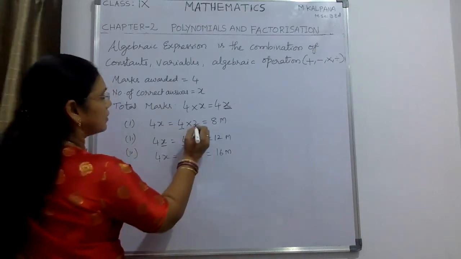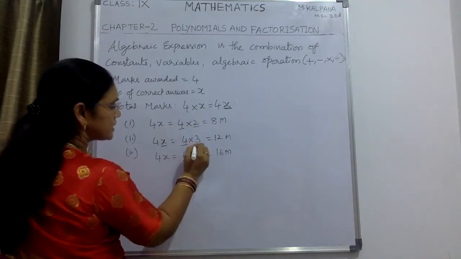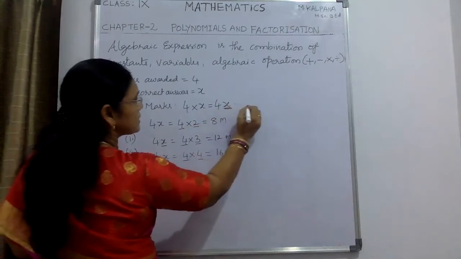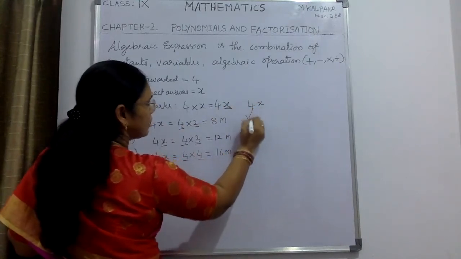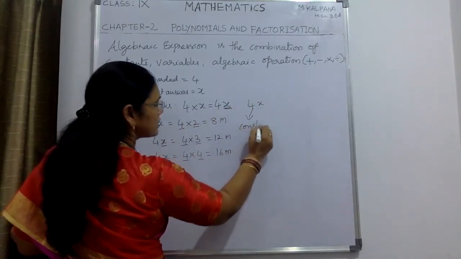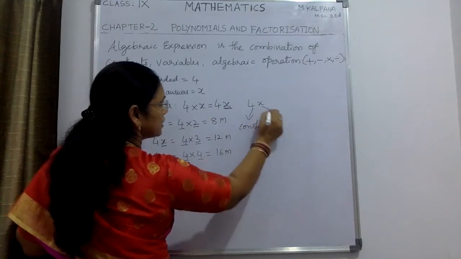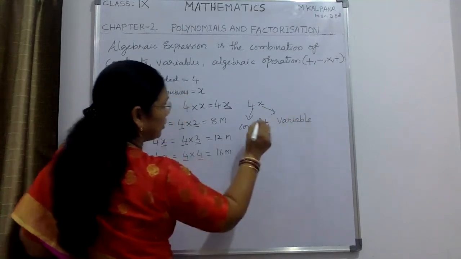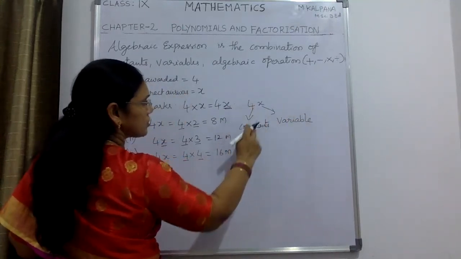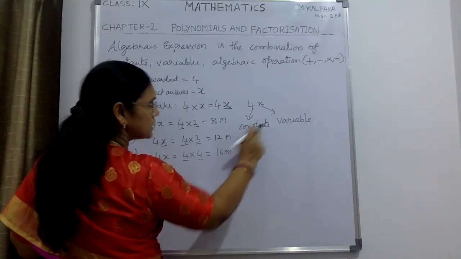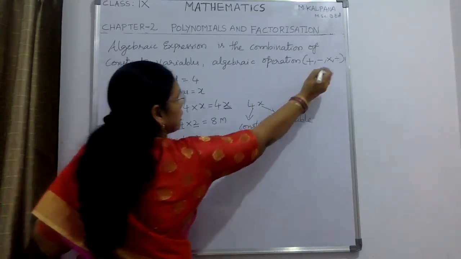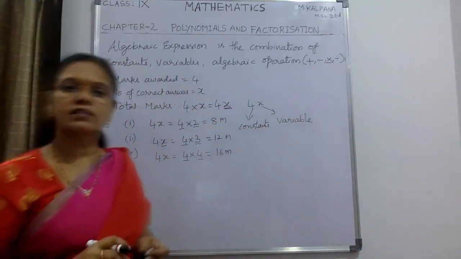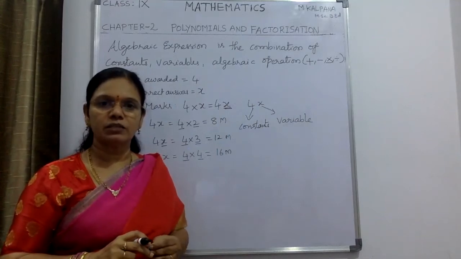So here X has become 2, here X is 3, X is 4. In this 4X, 4 is the constant because its value is not changing, but X is the variable. So 4 into X is a combination of a constant and a variable with the operation into. So 4X is an algebraic expression, isn't it?